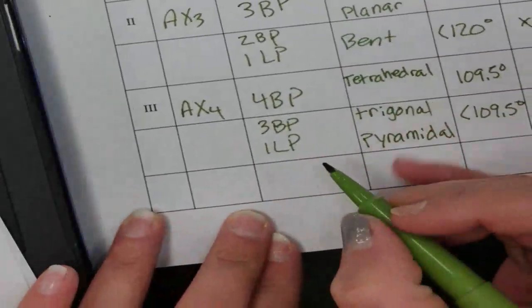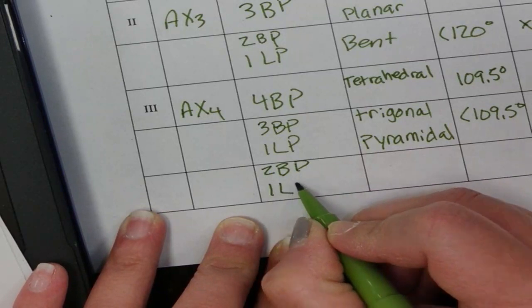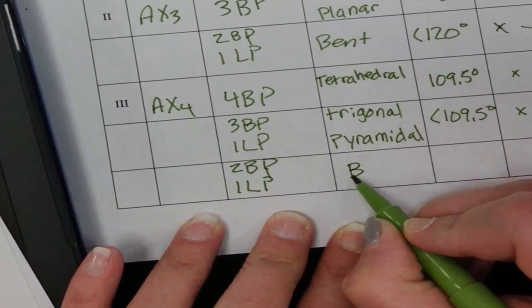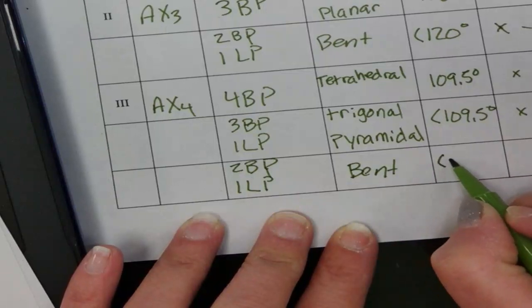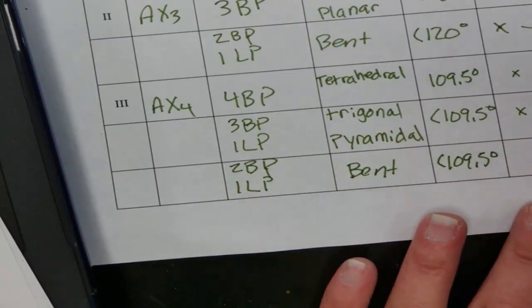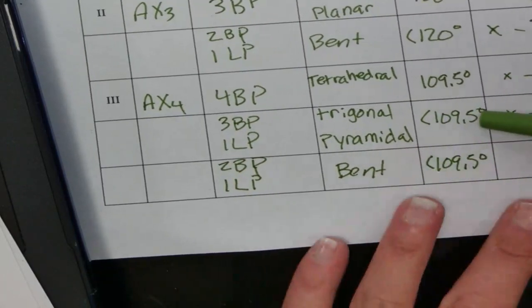So when I have 2 bonding pairs and 2 lone pairs, we say that this structure is bent, and it again is less than 109.5 degrees. Now, for the purposes of our class, you don't need to know the actual angles.